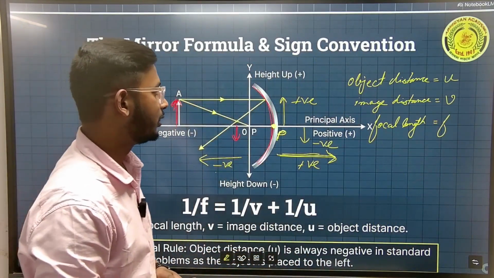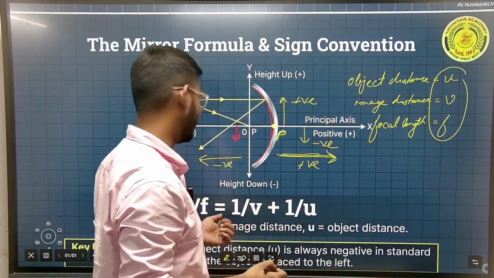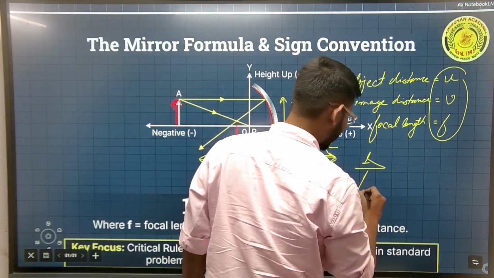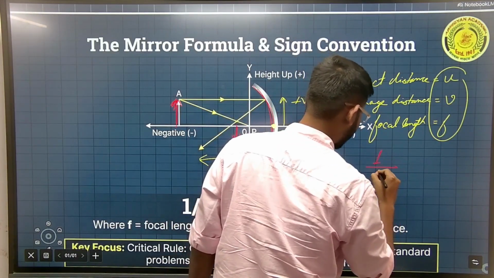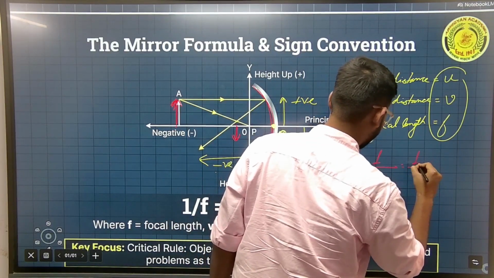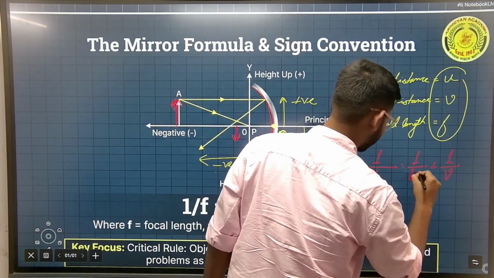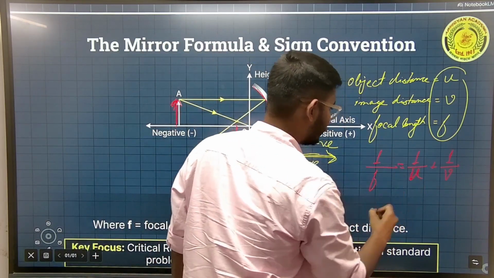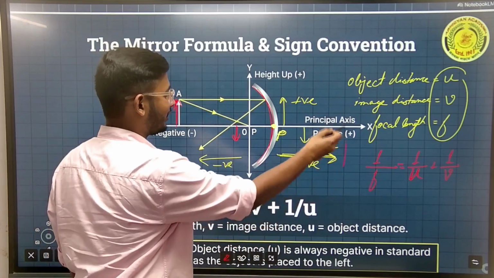And these are correlated by a formula called the mirror formula. It is 1 by f equals 1 by u plus 1 by v. It is called the mirror formula. While calculating the distances, always use this sign convention.